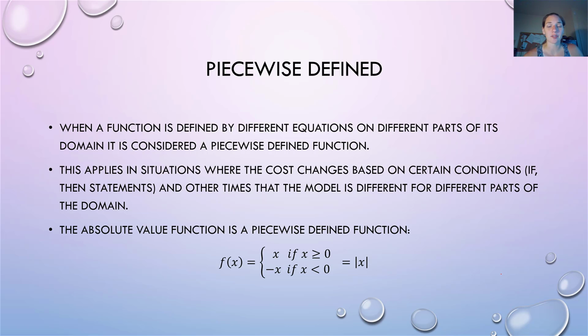If we think about the absolute value function, that really actually is a piecewise defined function. It's x if x is positive, and it's the opposite of x, a negative x, if x is negative. A couple of things to notice here. We have an equals to only in one place.